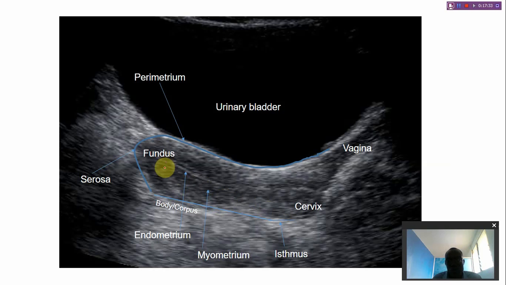So fibroids can occur in the myometrium, elevating the uterus. When a fibroid is elevating the endometrium, it is a submucous fibroid. A fibroid just in the myometrium, not elevating the endometrium or the perimetrium, the border of the uterus, is intramural. A fibroid that is elevating the perimetrium of the uterus is a subserosal fibroid.